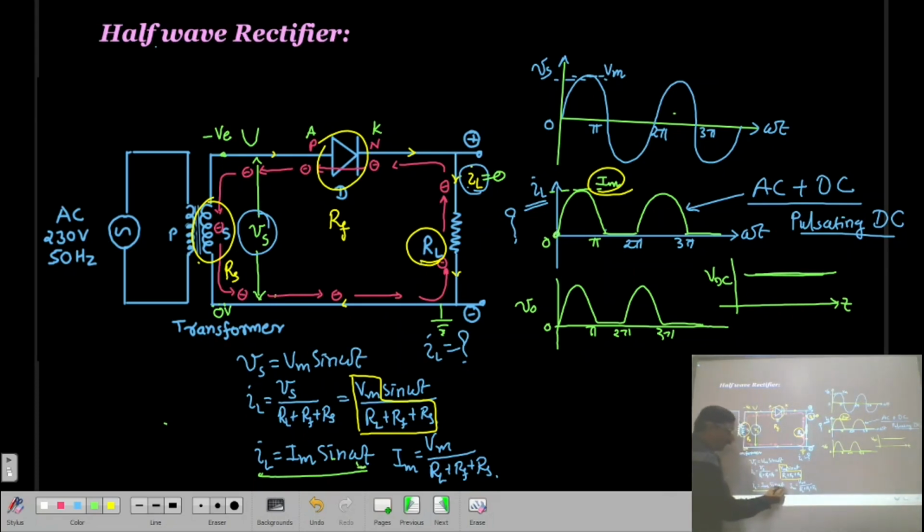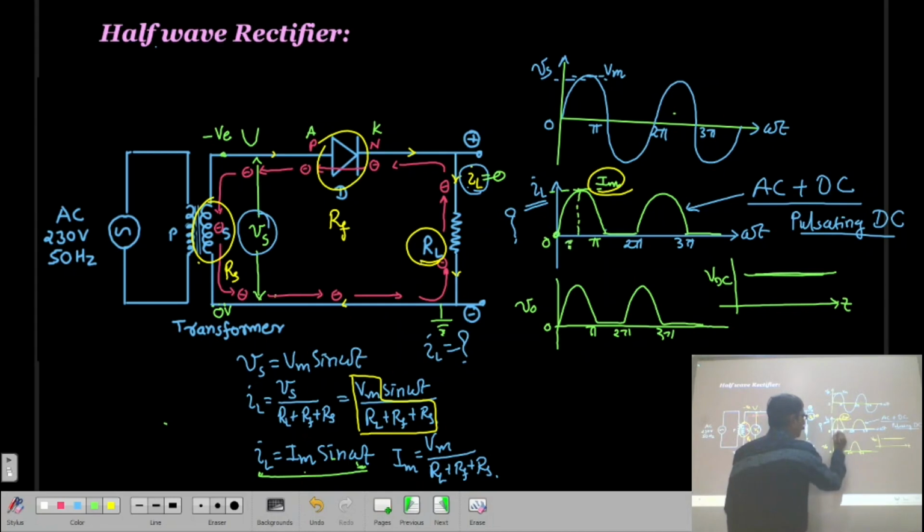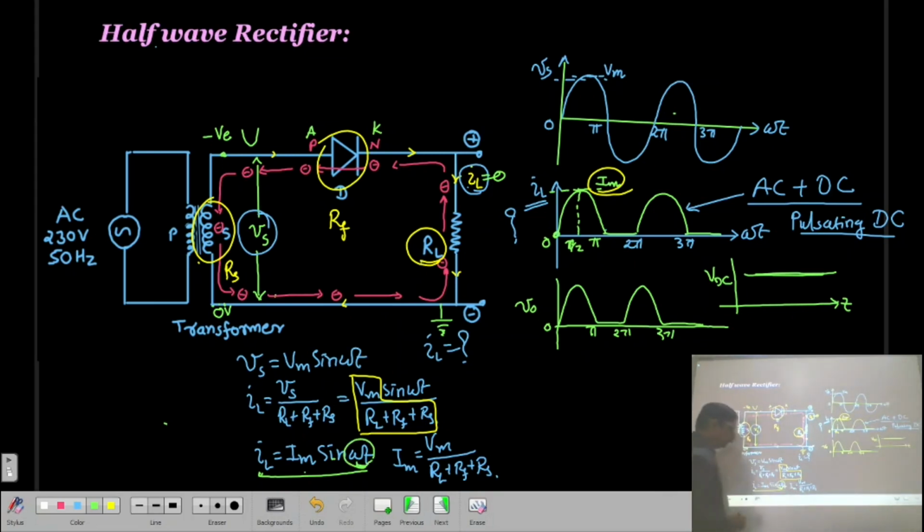If I put omega t equal to pi by 2, then sin pi by 2 will be 1 and the load current IL is equal to Im. So here we have this pi by 2 and the maximum current is Im. It is also true. If you put omega t equal to pi, then again it will be 0. So that is also correct.